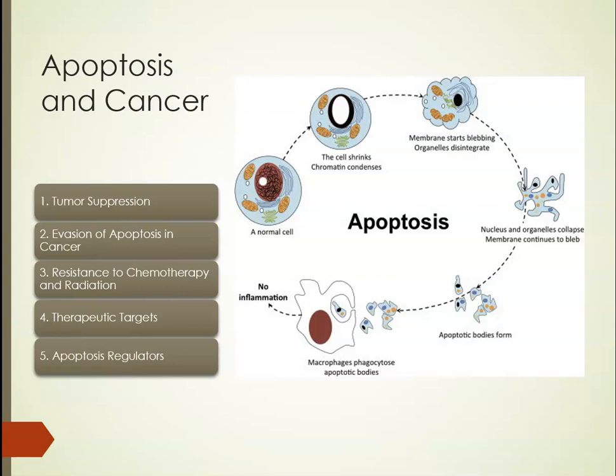Certain proteins play a key role in regulating apoptosis. By regulating apoptosis, this is just a way to have the cell initiate self-destruction, thus reducing the tumor itself.